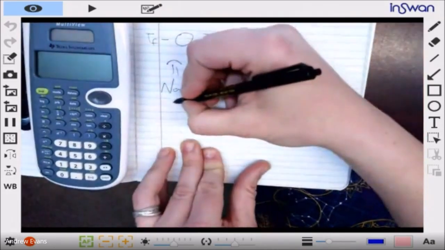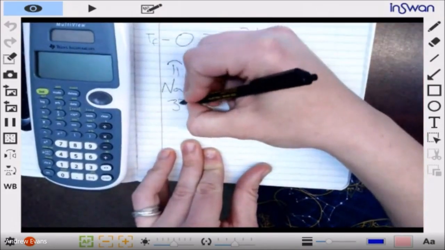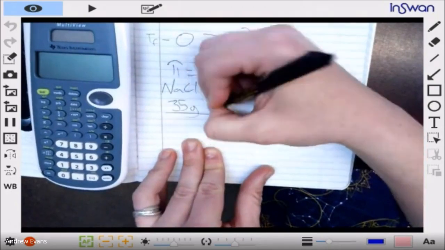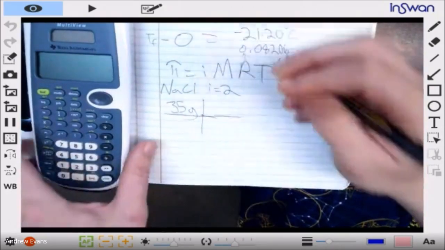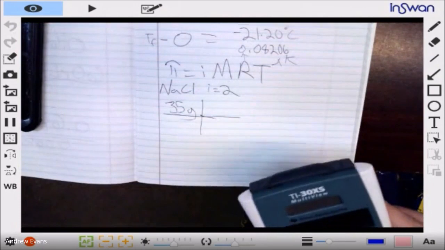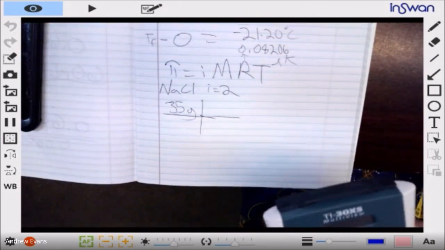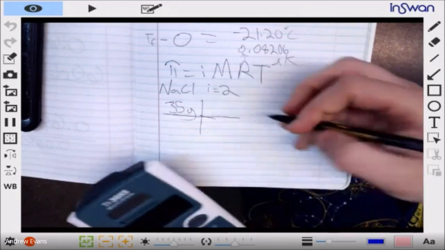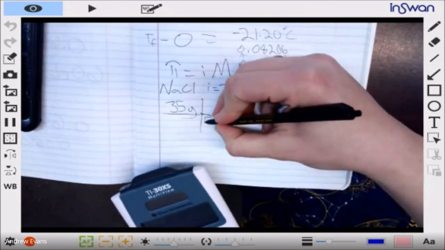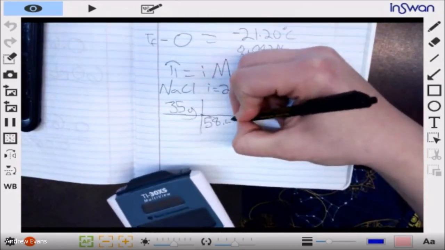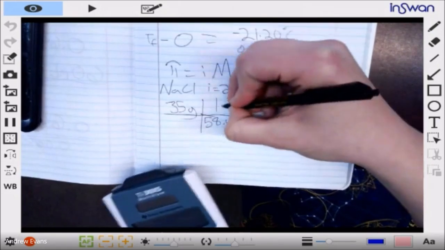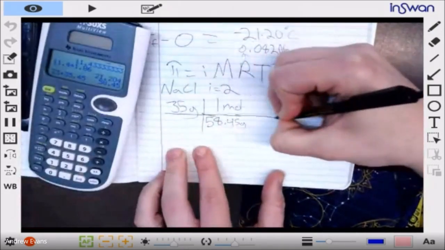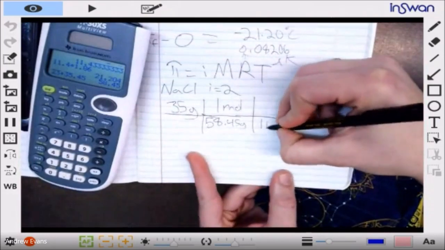We have 35 grams, so to figure out the molarity, we have to figure out the molar mass. Sodium, look up on the periodic table, 23. Chlorine, 35.45. So the molar mass is about 58.45 grams in 1 mole. And the volume, we said, is 1 liter.